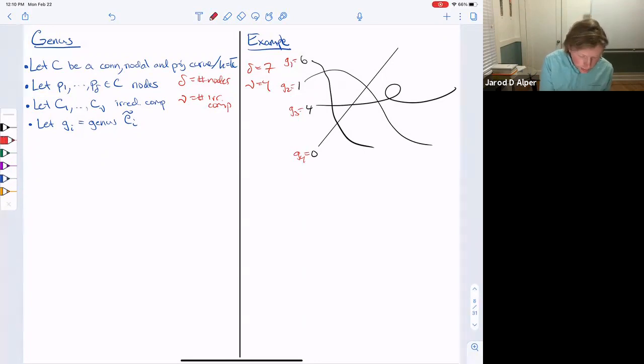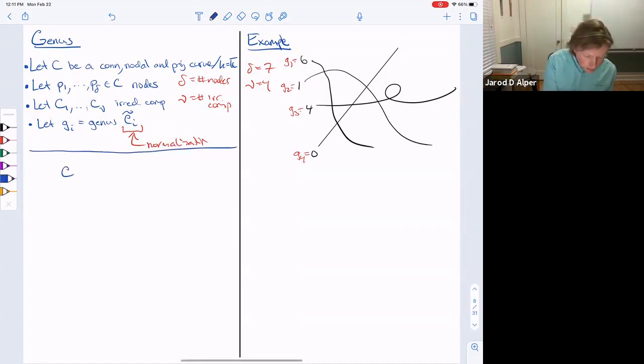C tilde denotes the normalization. So let's take the normalization of C, and we know this is a disjoint union of these curves C tilde i. And we're going to use the exact sequence.